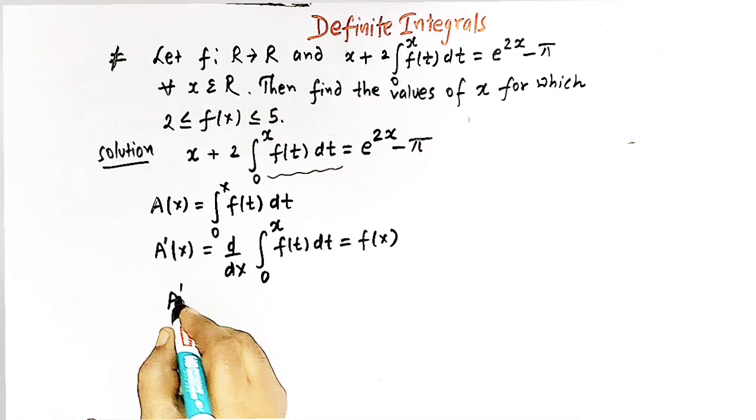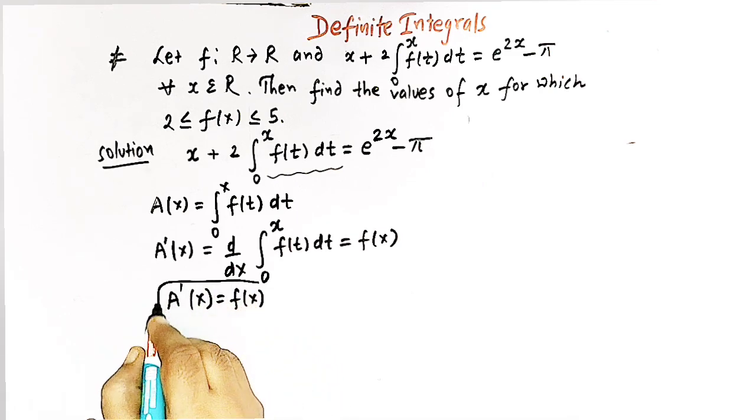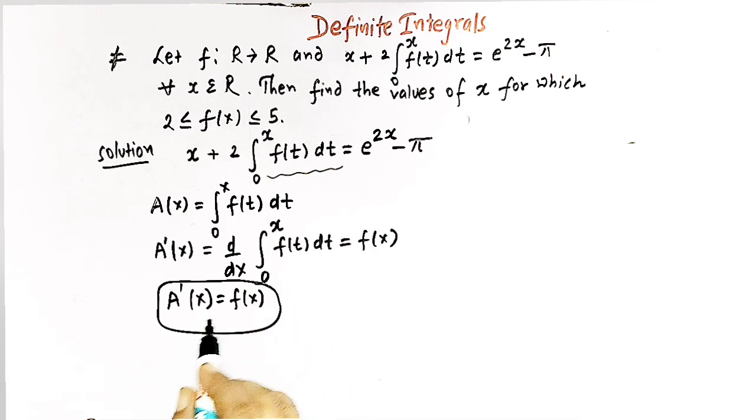So a prime of x is equal to f of x. So here we are going to use this result.